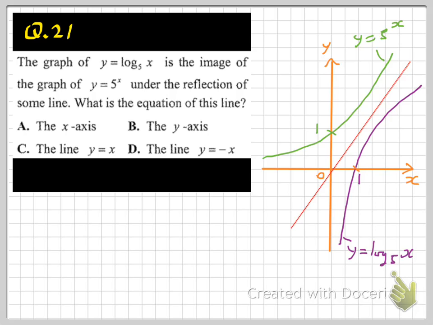Now do you remember when we folded a piece of paper? Okay, so we folded a square paper, and actually it's a reflection along that line. So they are the inverse functions of each other. And this line here is at 45 degrees, and that is when x is equal to y. And the answer here is C.